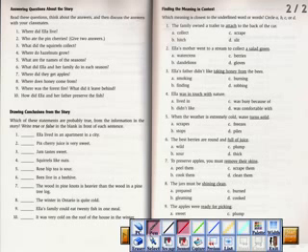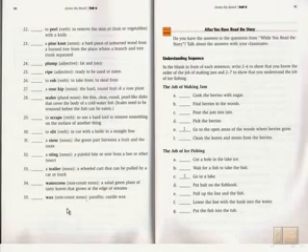Today we start with the next exercise on page 91. Okay, page 91, I'm sorry. Page 91 is this. We start with the first exercise, which is called Understanding Sequences.